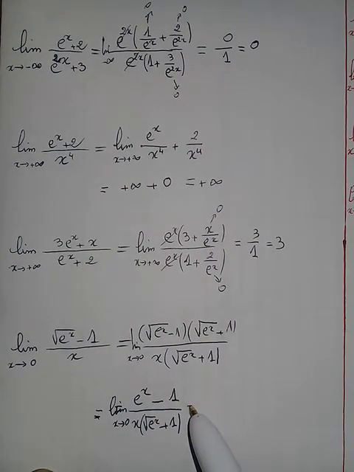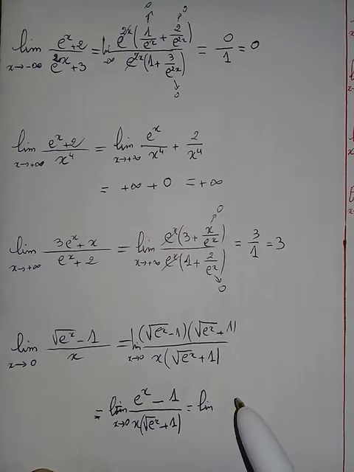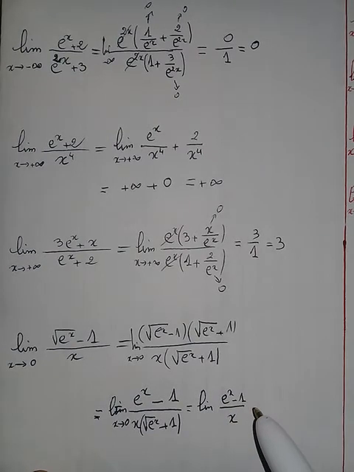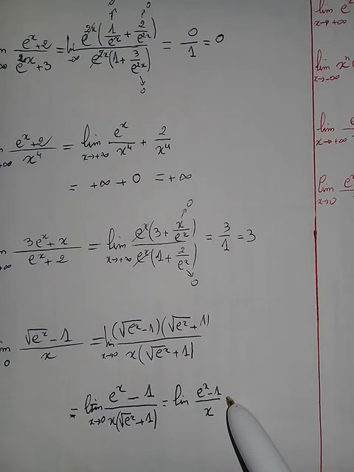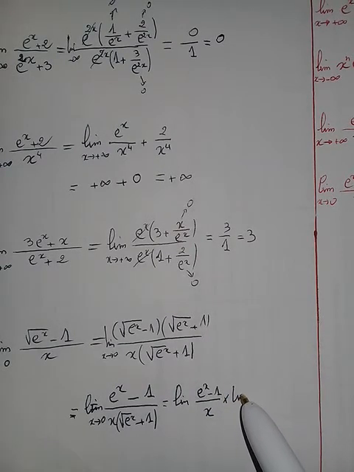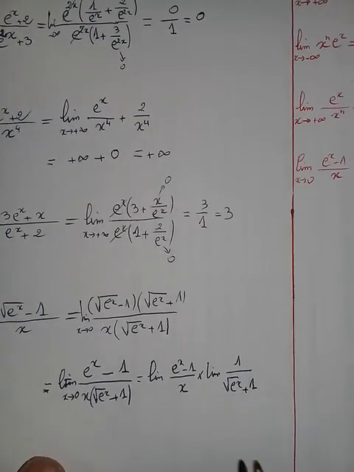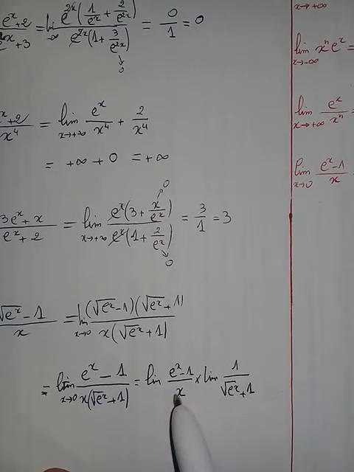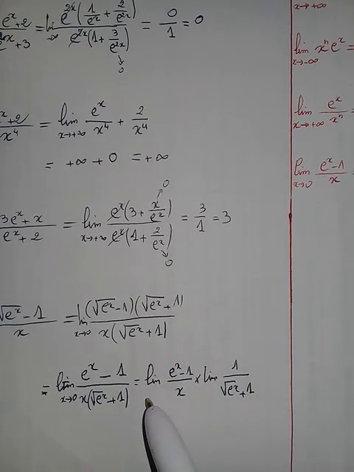Now it's the limit of e to the x minus 1 over x times the limit of 1 over square root of e to the x plus 1. This one at 0.